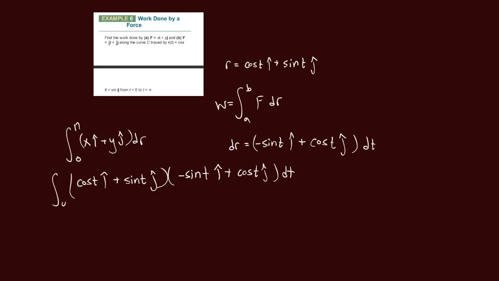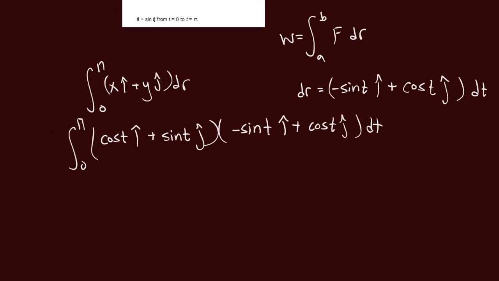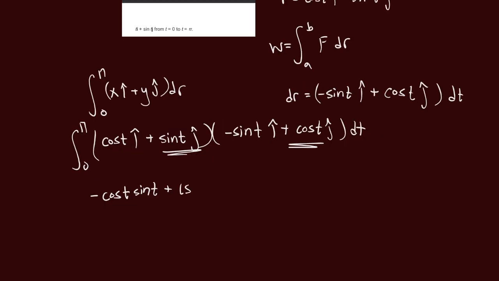And I'll integrate it from 0 to pi. Okay, so this is how we're going to get our work. So we times this and this together because they represent the x-axis. Okay, and then we times these and these together as they represent our y-axis. And then we put the i here.